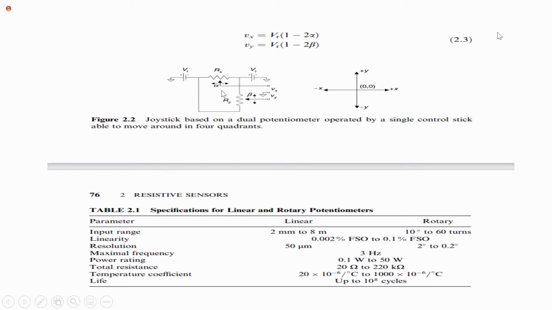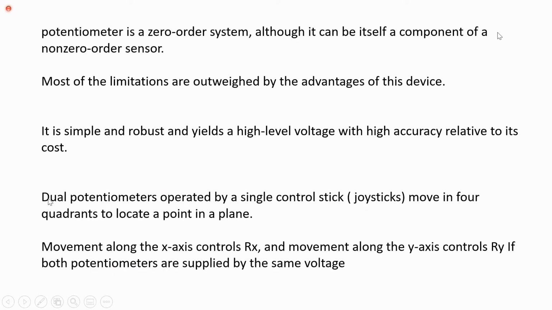In this we have 2 wipers. We can move the joystick left and right, and we can move the joystick top and bottom. Depending on the position of the joystick, we will get different resistance values.